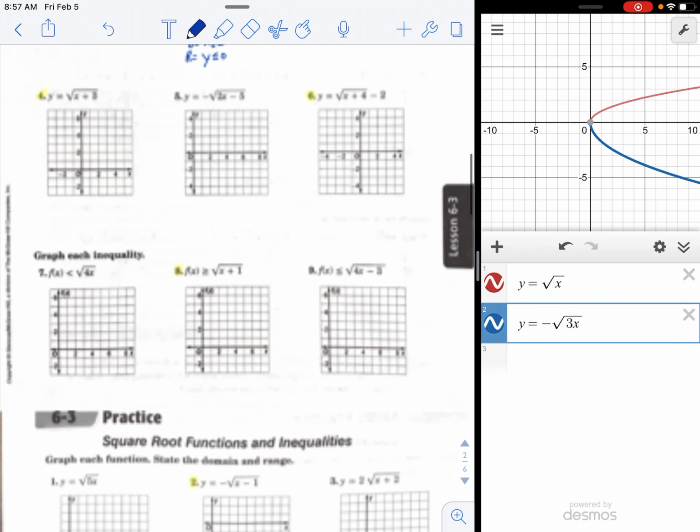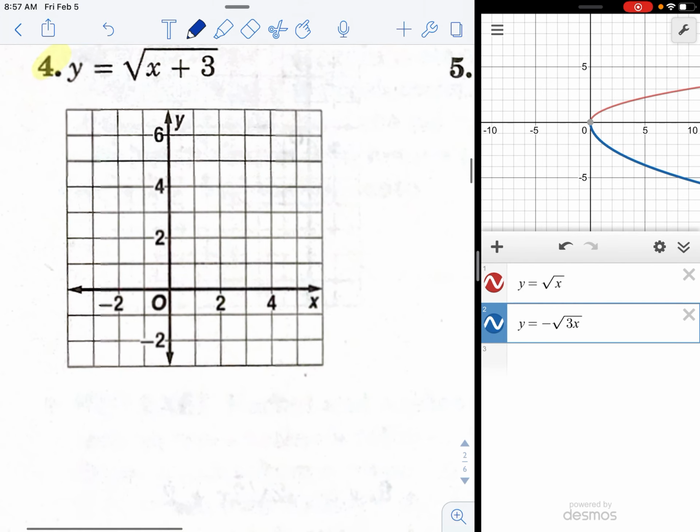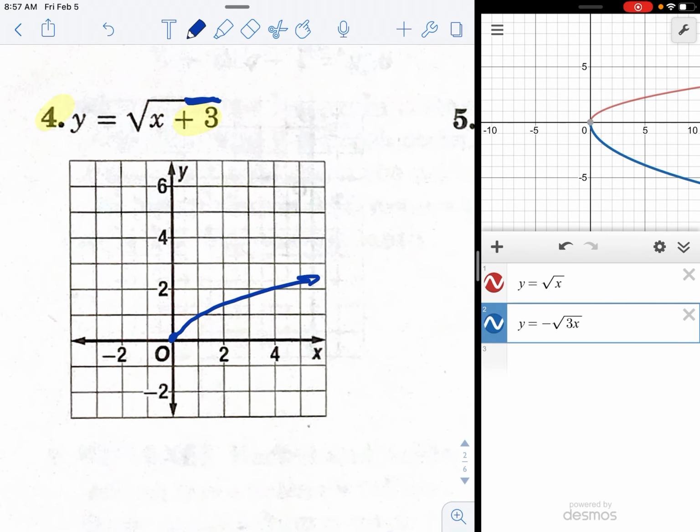All right, let's look at number 4. So number 4, again, the parent function looks like this. Ours has been shifted. Now, it's underneath the radical bar, which means it's a horizontal shift. If it was outside the bar, that would make it a vertical shift. But this one's horizontal. Plus 3 is going to move this graph to the left 3 places.